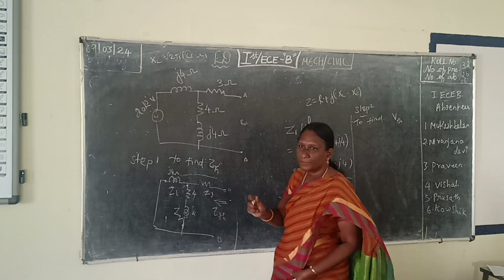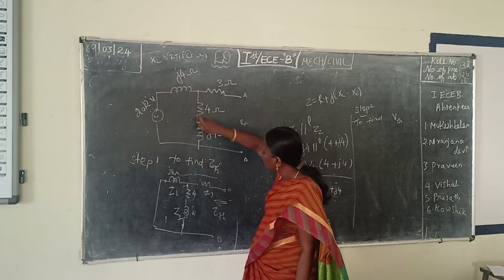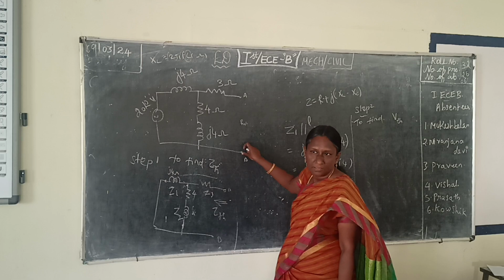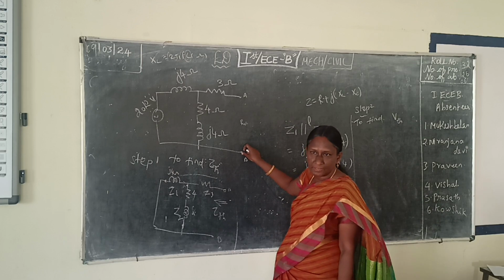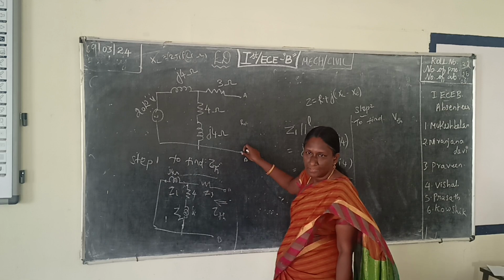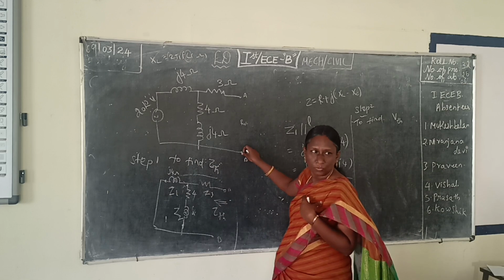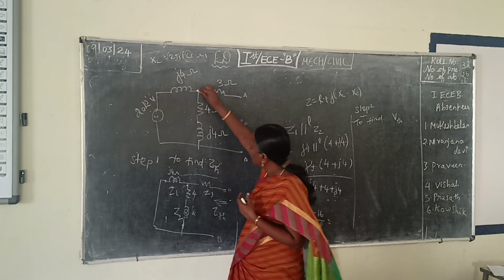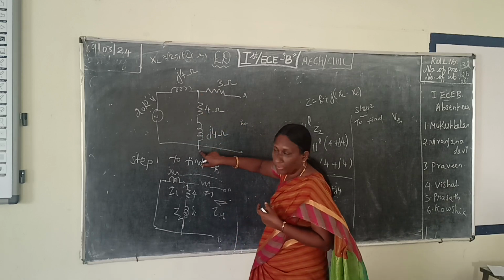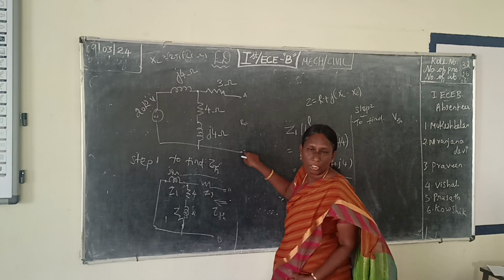How many of you accept that the voltage between these two is equal to VAB? How many of you accept and how many do not agree? I say that the voltage between these two points is equal to VAB. Do you agree or not?